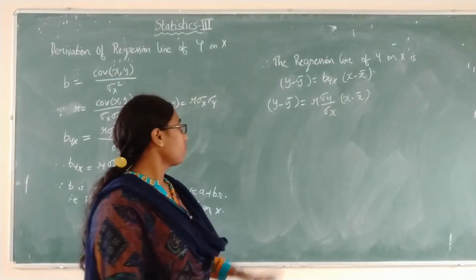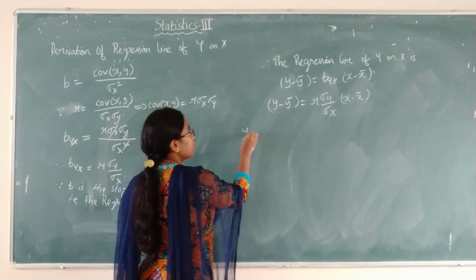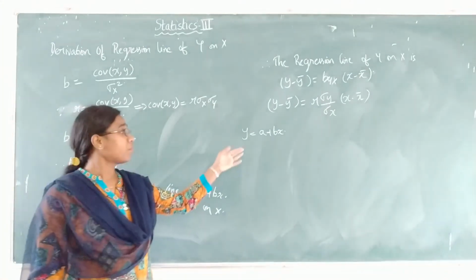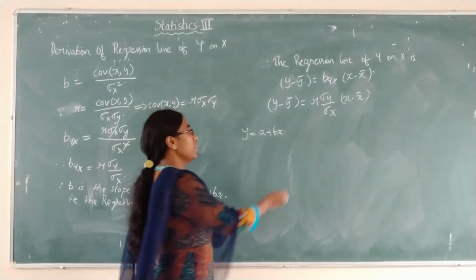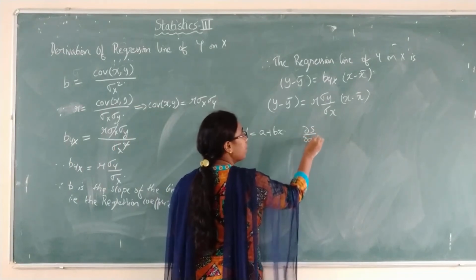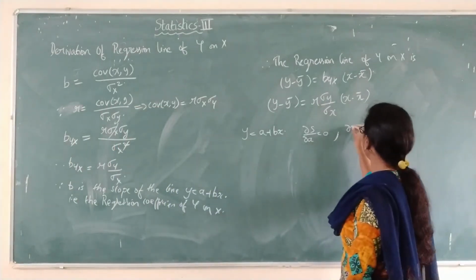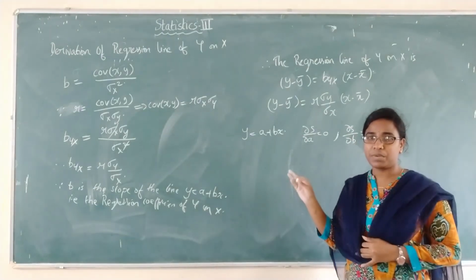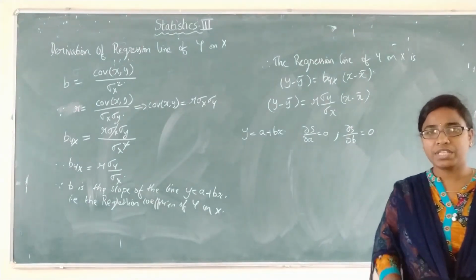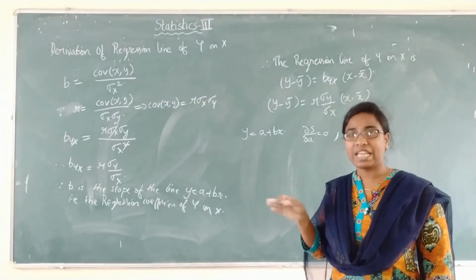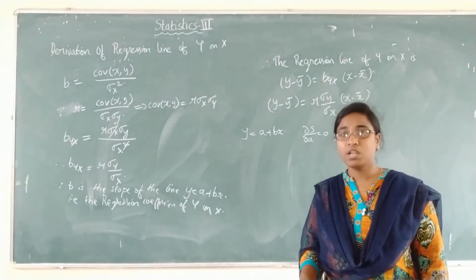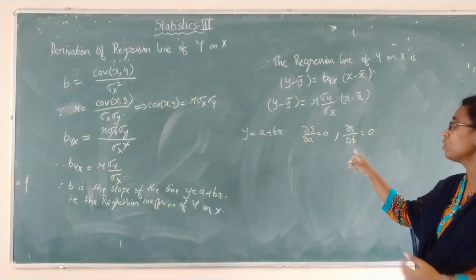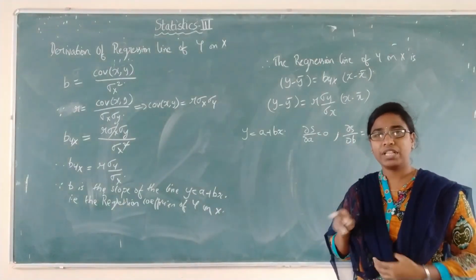Here we have considered the straight line. What is the procedure? a plus bx. For this straight line, by using the principle of least squares, we find dou s by dou a equals 0 and dou s by dou b equals 0. After getting one equation, summation yi equals na plus b summation xi, we have divided by n and later multiplied with x bar, so that we get x bar y bar. Similarly for the second equation, we have divided by n.